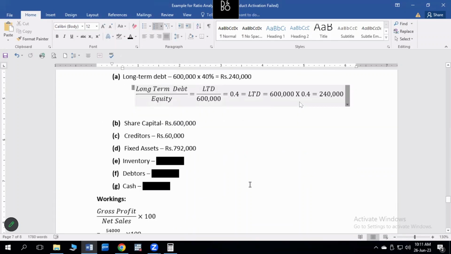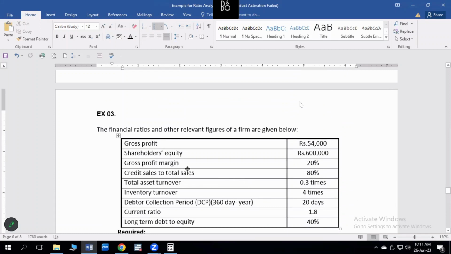Inventory you want to find out. How can you find the inventory from that information? It is related to the inventory turnover, which is there, 4 times. So from that you can identify that the inventory is connected there.